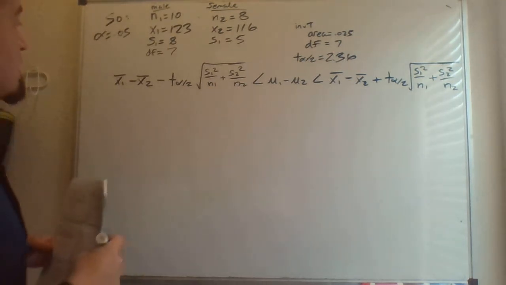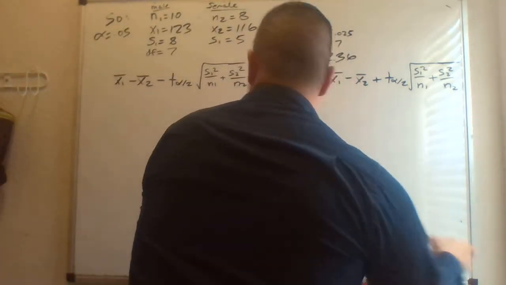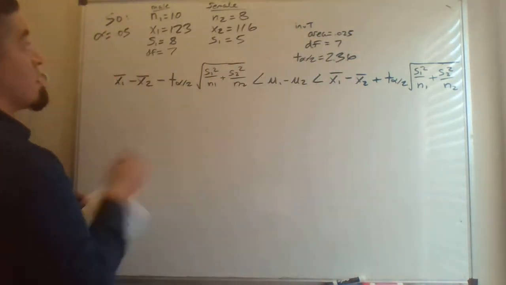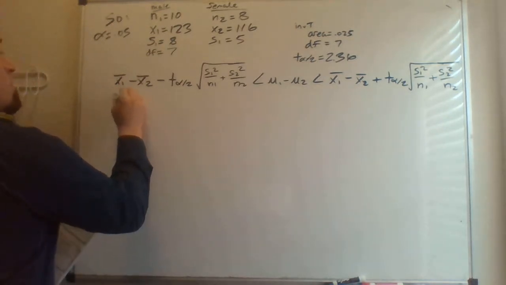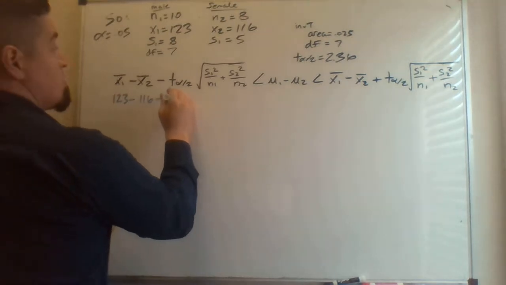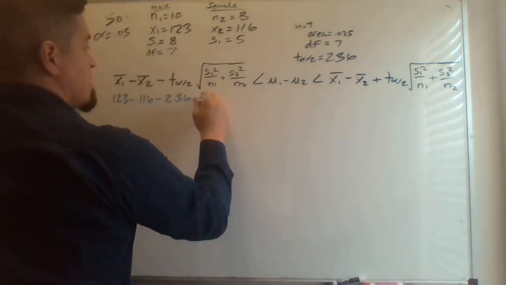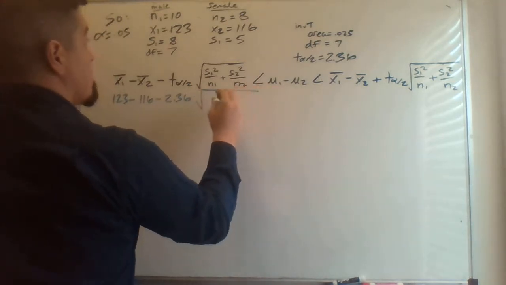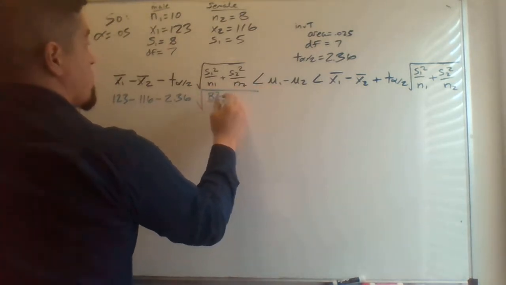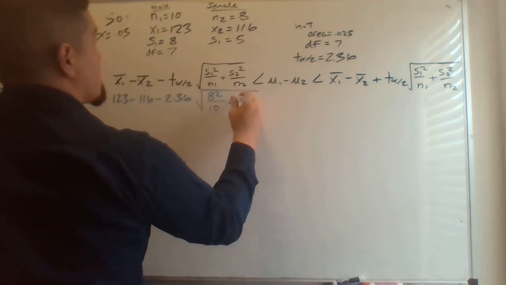So using that, we just start plugging away. We have all our information, so we're going to do 123 minus 116 minus 2.36 multiplied by the square root of 8 squared over n1, which is 10, plus s2.